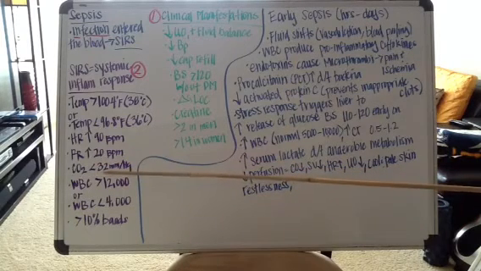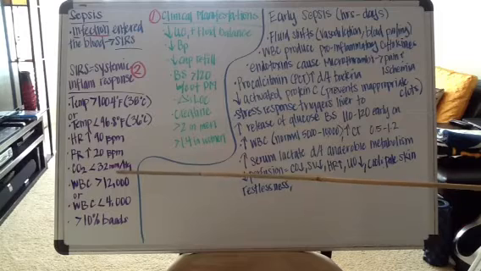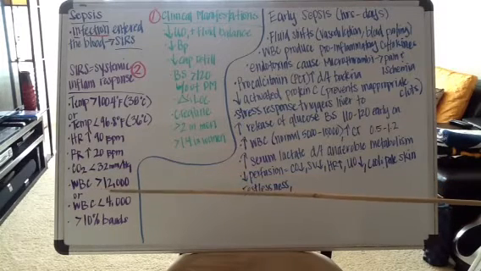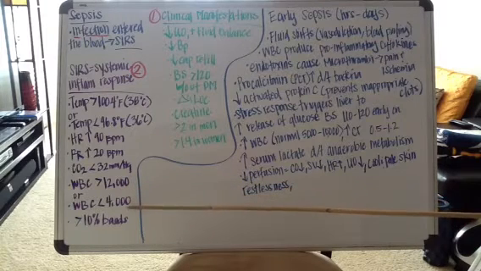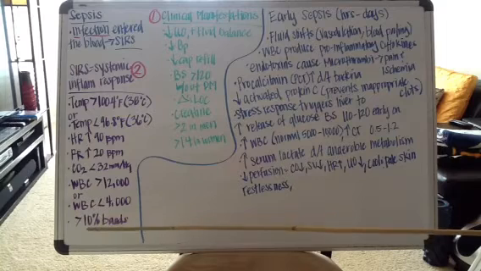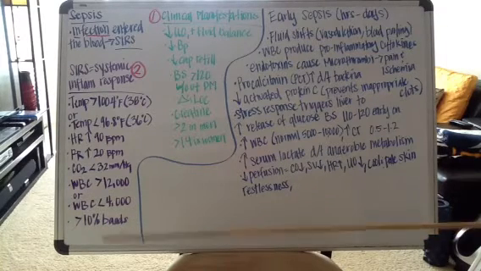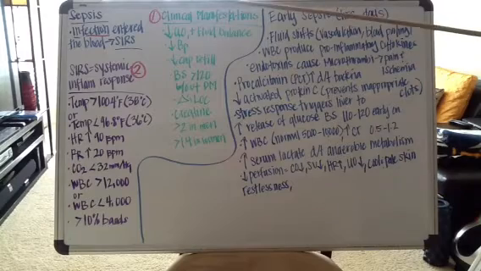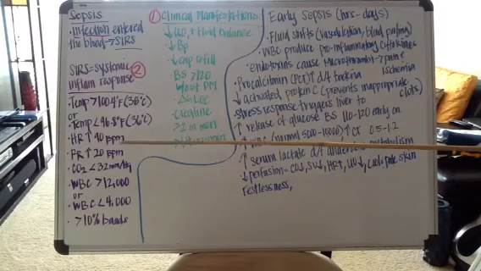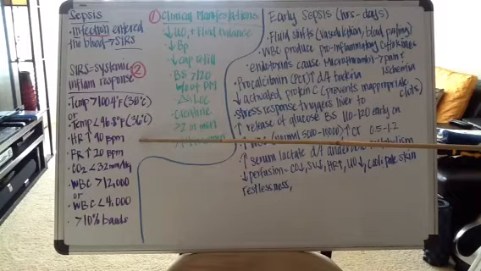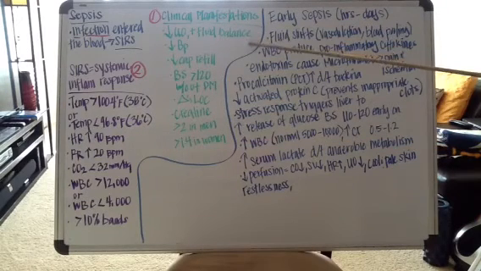The CO2 below 32, so they're going to be acidotic, a WBC above 12,000 or below 4,000, and an increase in the immature bands. Okay, so remember, the criteria to diagnose sepsis is to have an infection, to have two of these items here under the systemic inflammatory response syndrome, and then at least one of these clinical manifestations.